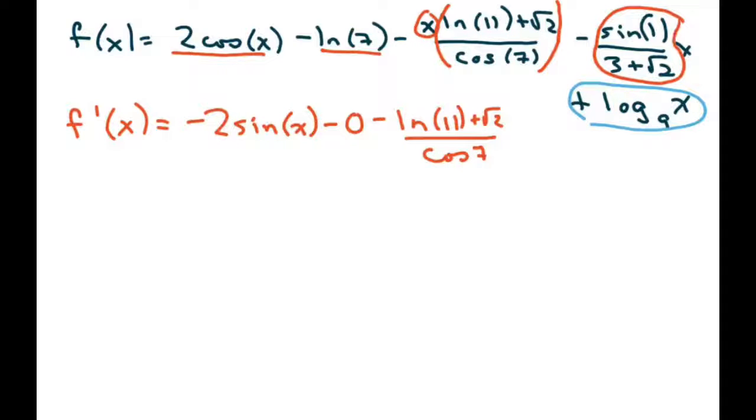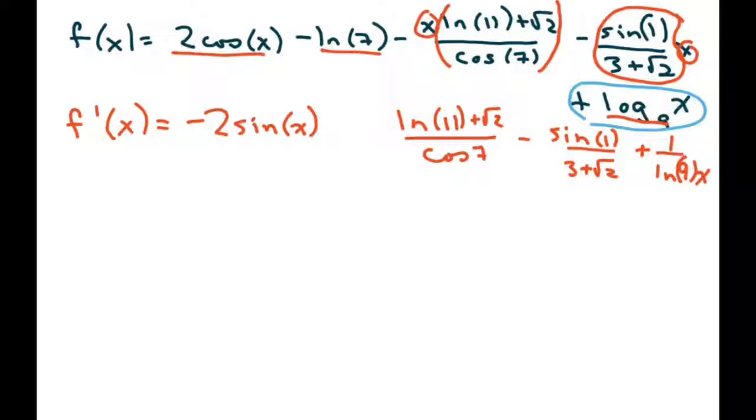This is just the constant, and the derivative of x is just 1. So we're just going to copy that down. And then the derivative of this is just going to be plus 1 over ln of 9x. You can do it that way if you want. And the only thing I would change here is take out the 0 because that looks funny, and just go ahead and put the minus there.